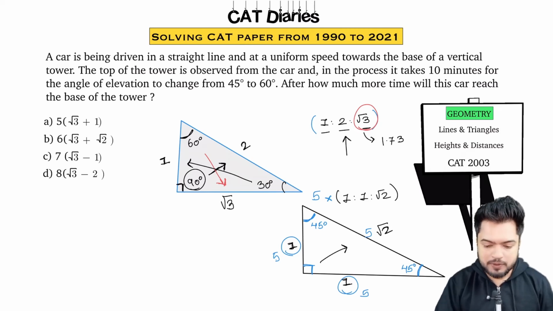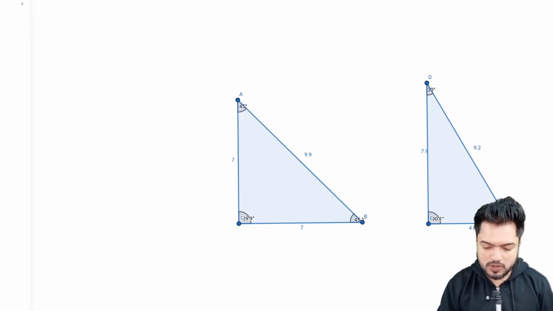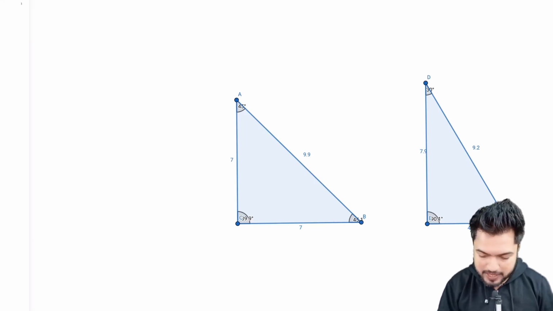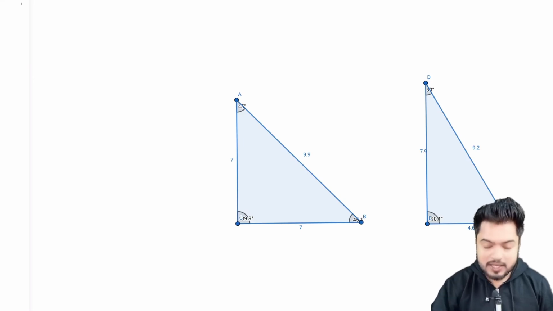Okay, let me help you understand this even better. So I'm taking a triangle here now. The two triangles that you can see on the screen here, one is a 45, 45, 90 and the other one is a 30, 60, 90 triangle. Check this 45, 45, 90 triangle. One of the sides is 7, the other side is 7 and the side opposite to 90 is nothing but 10.